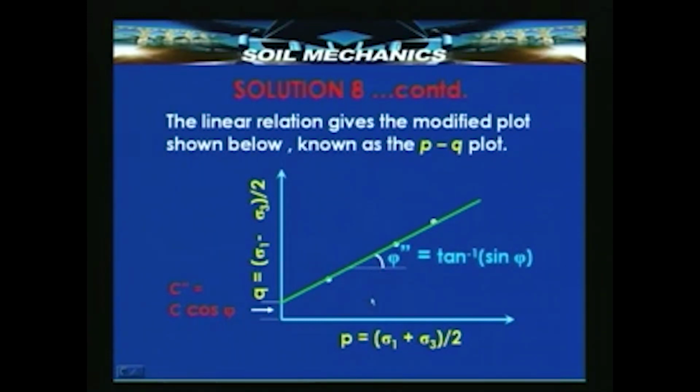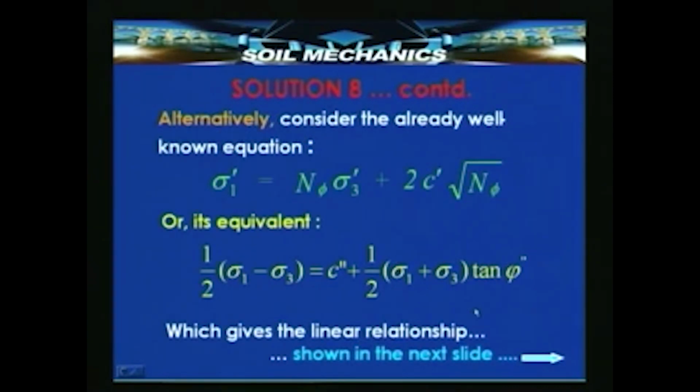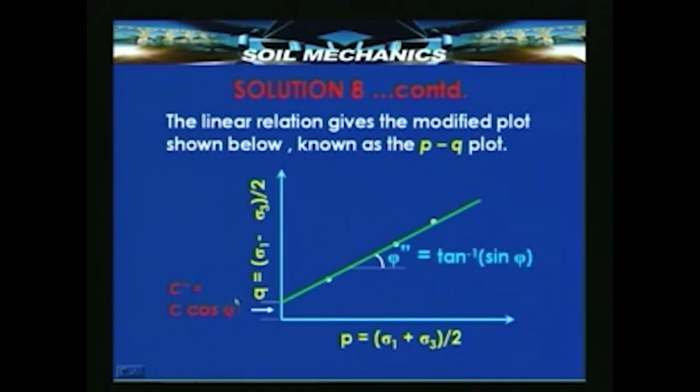What is special about this PQ plot is, if you go back to the basic equation, the slope of this will be given by tan phi double dash and the intercept will be given by C double dash. So, this intercept C double dash is here and the slope of this line is given by the angle of inclination, which is phi double dash.